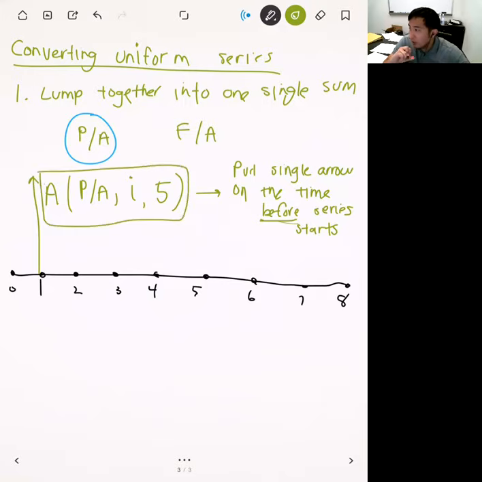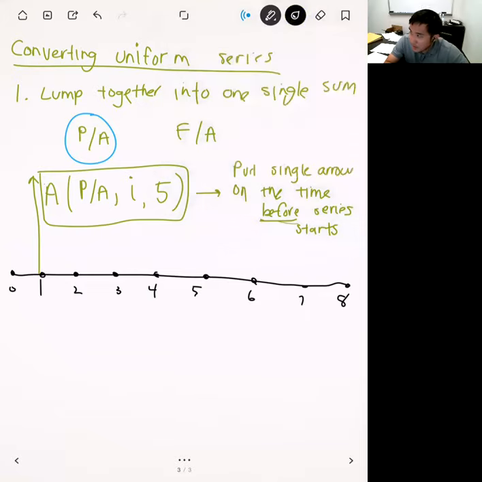And the value of that arrow is going to be A, P over A, i, 5. Of course, right now you can't compute this because you don't have the numbers. But if I did give you the interest rate and the A, then you could do just that. All right, and so that's the value of that arrow.